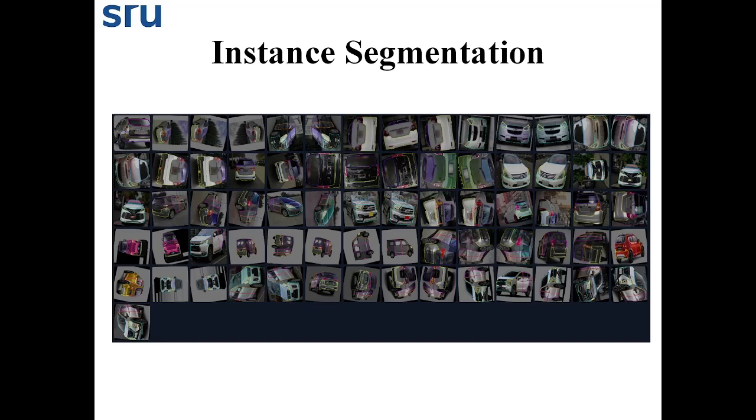Instance segmentation: here this is a pictorial diagram of, say, cars. In instance segmentation we have different pixels of an image for different cars. Here for this car it is different, for this car it is different, and for this car it is totally different.